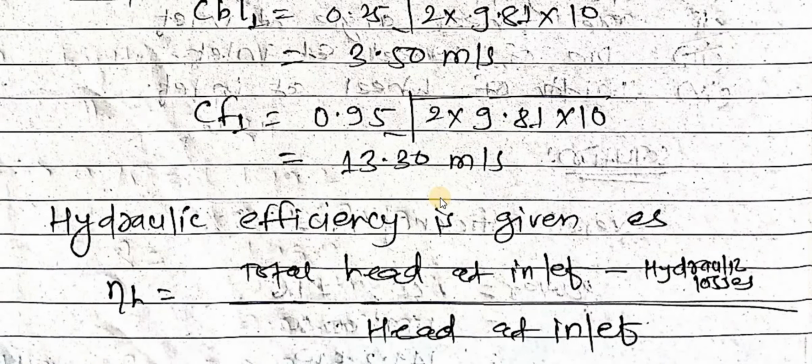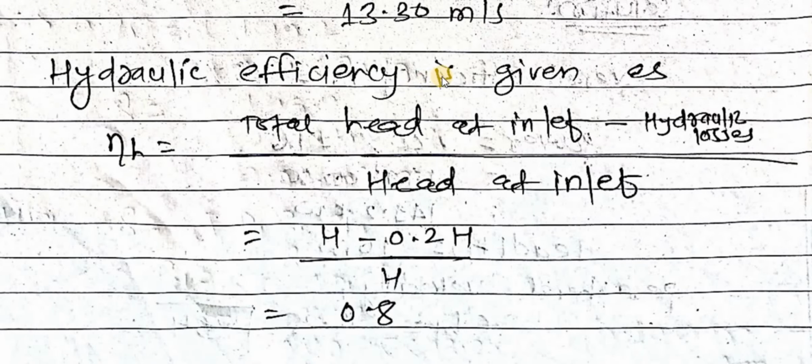The hydraulic efficiency is given as total head at inlet minus hydraulic losses, upon head at inlet. H minus hydraulic losses, which is 20%, so 0.2H, upon H. By simplifying this, we get 0.8.